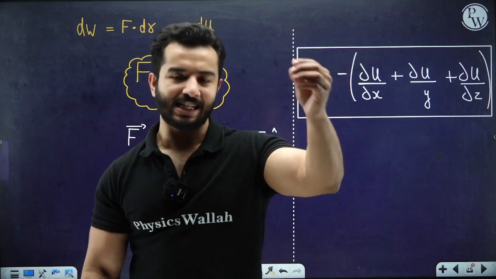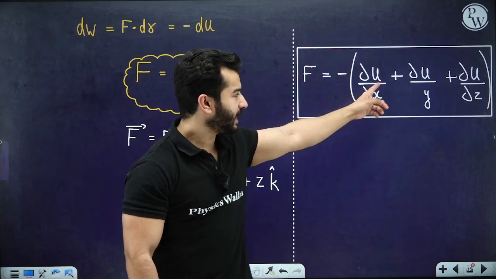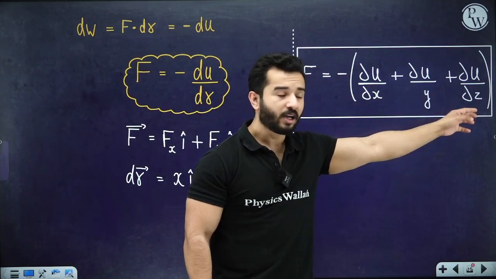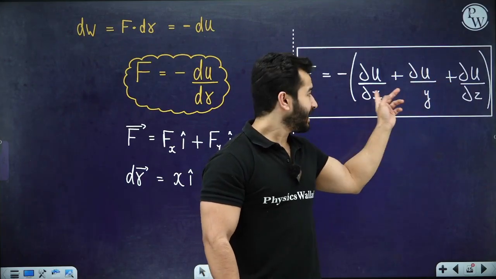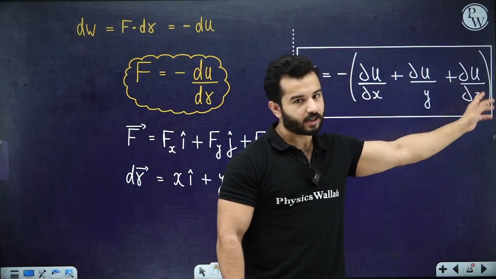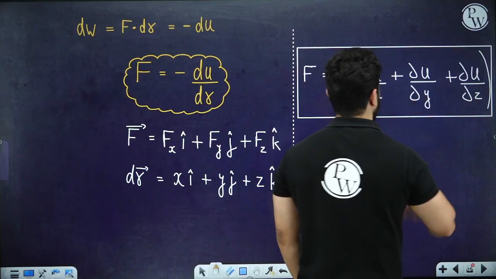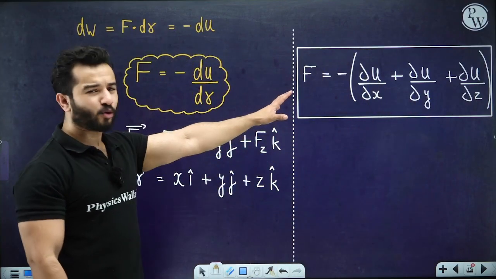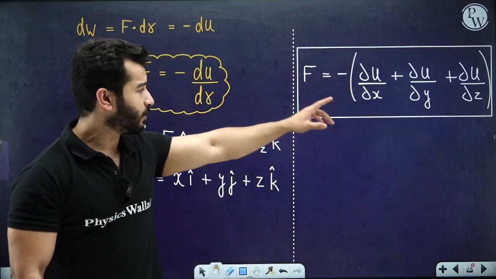It is as easy as that, right? So when you are differentiating with respect to x, treat y and z to be constant. When you are differentiating u with respect to y, treat x and z to be constant, and same thing for z also, right?